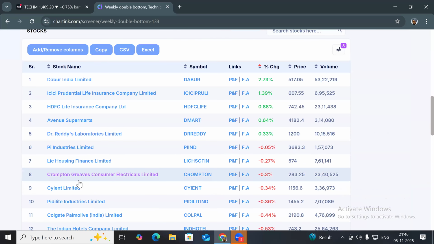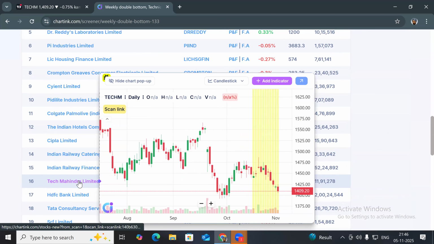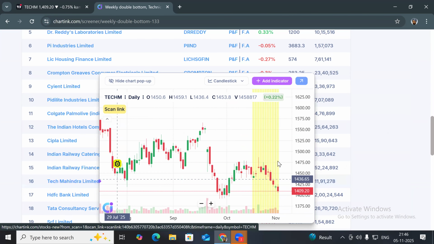Here is Tech Mahindra. The scanner is giving you a link for almost last 15-20 days.